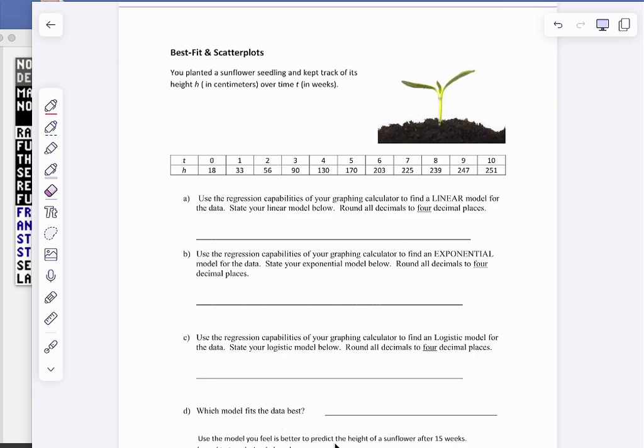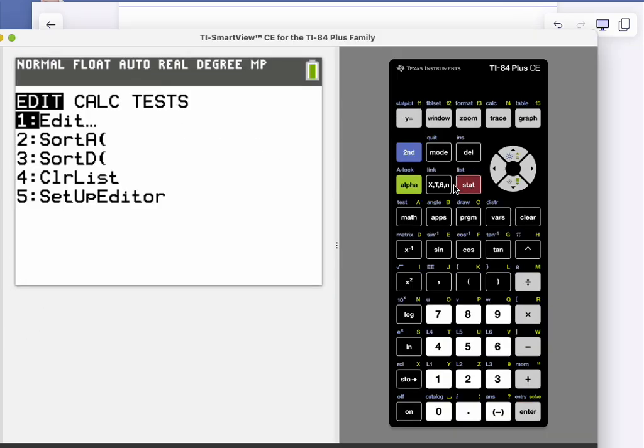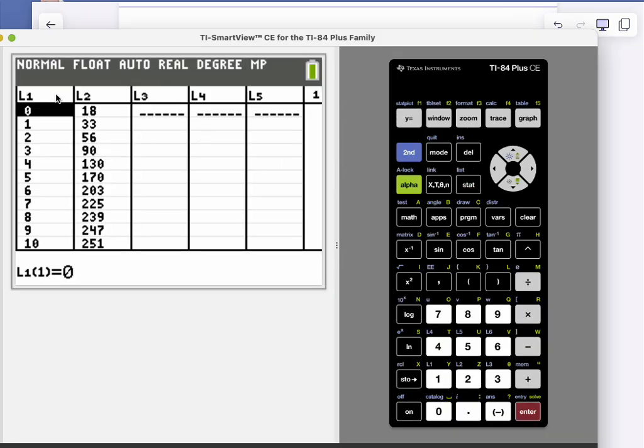And then you're asked to maybe make some predictions and use the model and decide which one you think is best. Okay, so you are going to go to your calculator, and one of the things that goes wrong is sometimes this L1 and L2 are missing.